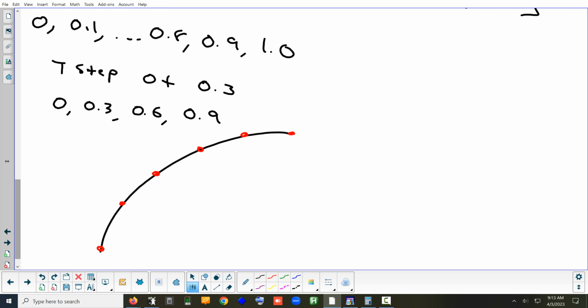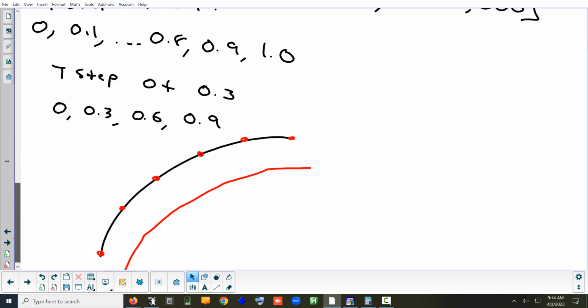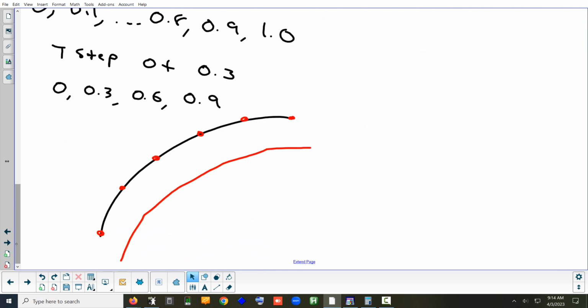If all you graph is 6 points, it's going to look like this. You can see that it has the curve, but it almost looks like it's made up of line segments. If you don't put enough points, things that are supposed to look curved are going to look more blocky, because you didn't put enough points to get a nice picture.